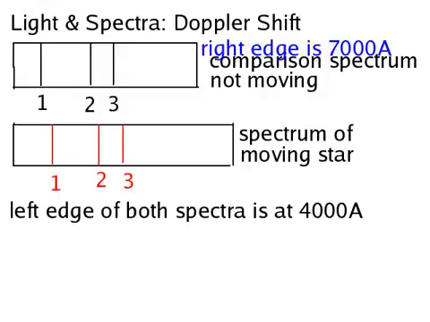Because the whole star spectrum is a little bit longer, its right edge is at 8,200 angstrom. But we only need the actual length of the comparison spectrum.